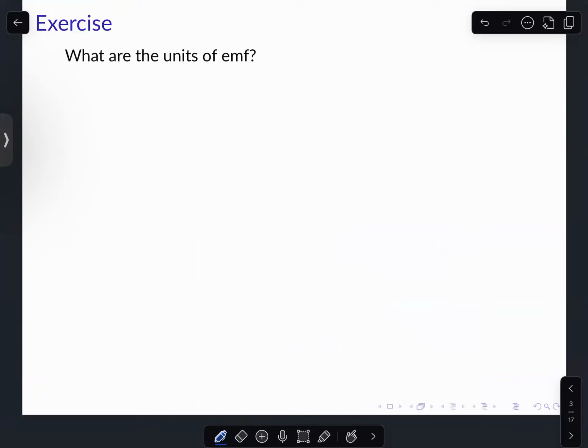Question A. What are the units of the quantity electromotive force? What the? There's no clicky. Oh, for dog's sake. Oh, thank God.